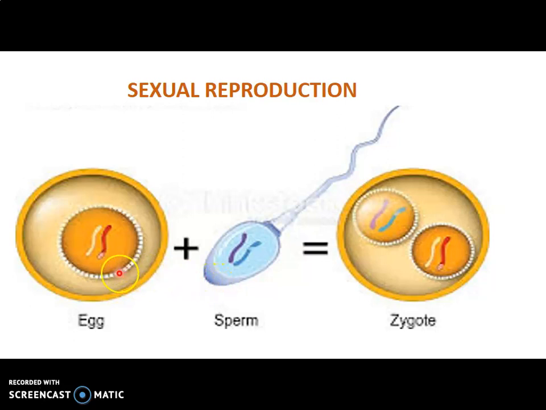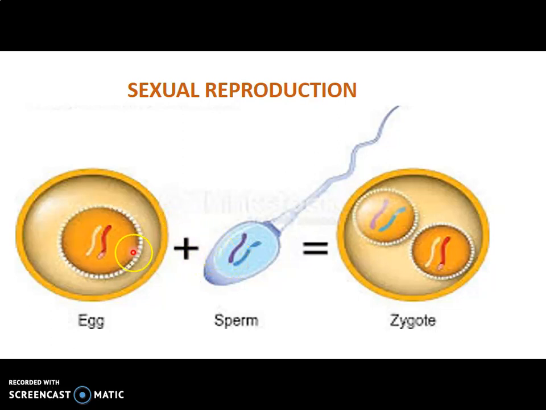Oogenesis is the formation of egg or ova, while spermatogenesis is the formation of sperms or spermatozoa. Remember, gametogenesis is the formation of gametes, and these gametes are produced where? In the gonads. So this is the sexual reproduction that occurs in vertebrates. We'll be looking at these modes of reproduction in the different organisms that we have highlighted in our objectives.